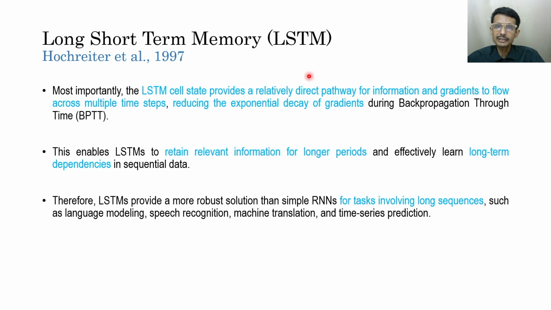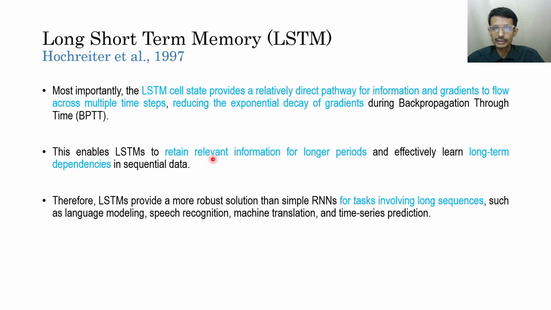This cell state provides a relatively direct pathway, which we will see in our subsequent slides, for information and gradients to flow across multiple steps. Information flows in the forward direction, and the gradient comes backward across multiple steps, reducing the exponential decay of gradients. If we can do this, definitely our vanishing gradient problem will be minimized.